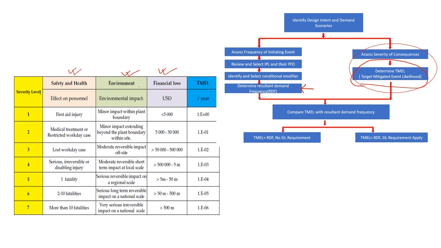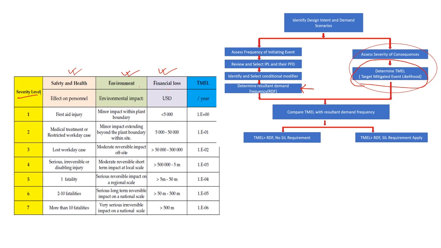And in that also we can have multiple severity levels like 1 to 7, 1 being a first aid injury and 7 being a fatality of more than 10 fatalities. So this is just an example. This may or may not be followed by your organization, but your organization should have a risk matrix, and that risk matrix should be followed across all assets in your organization.